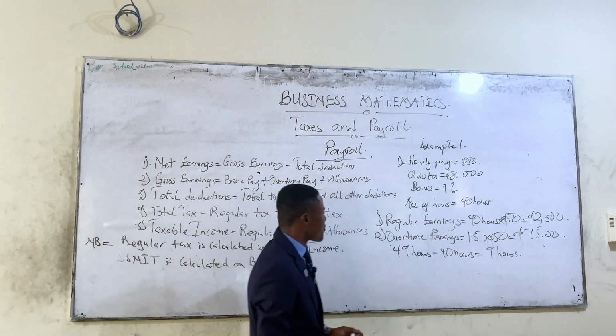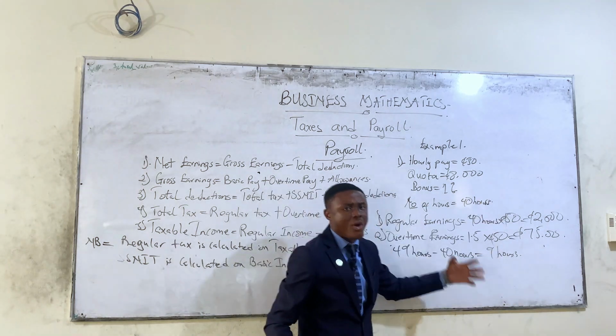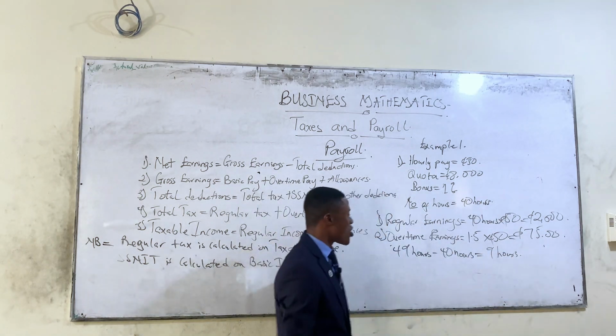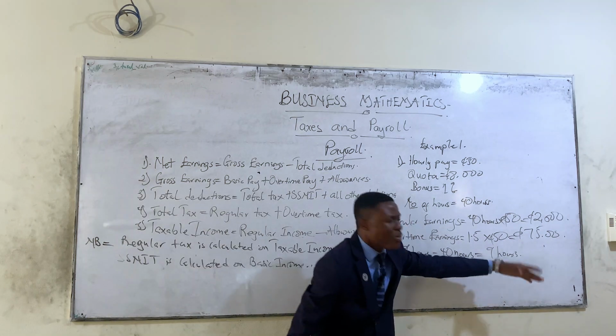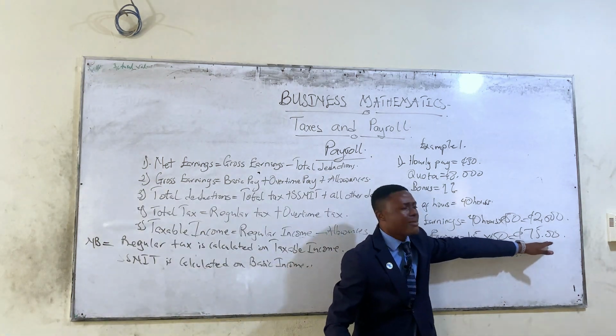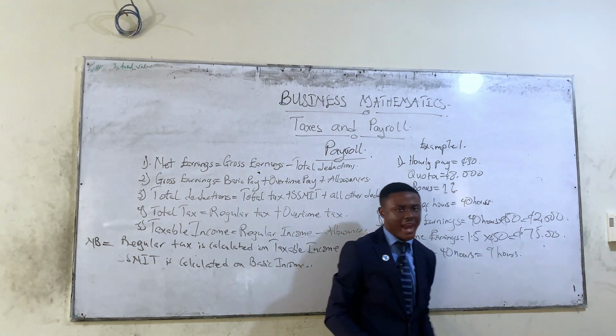So if you want to find his overtime earnings or his overtime pay, it's supposed to be 9 multiplied by his overtime per hour, which is 75 cedis.